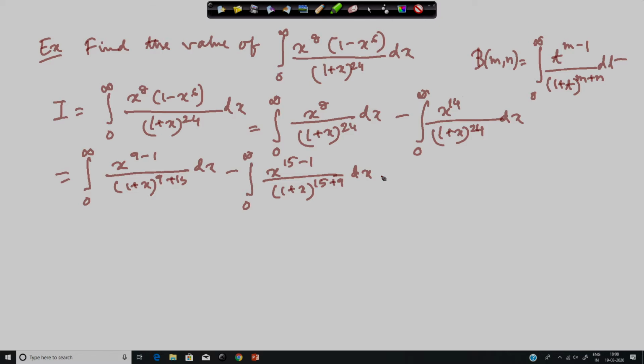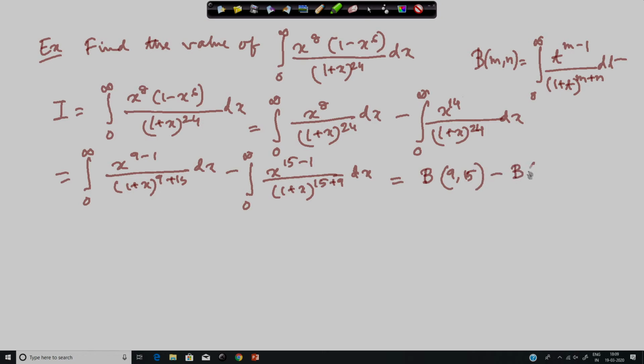So, if you compare with the form of beta m n, then it becomes this beta. What is the first integral? This is beta 9, 15. And what is the second integral?